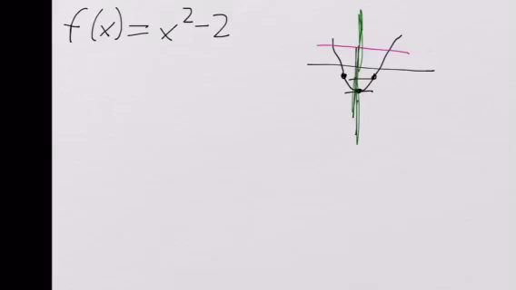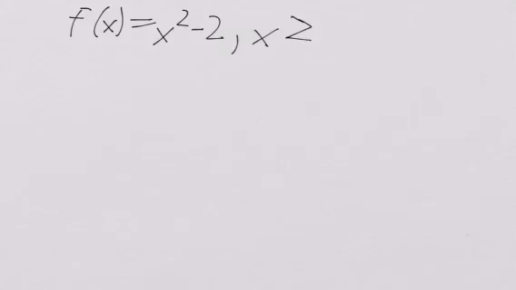So I can find the inverse if I go with the function f of x is equal to x squared minus 2, where x is greater than or equal to 0.